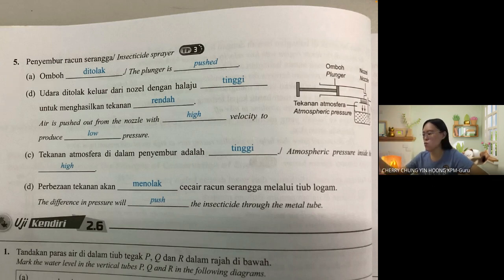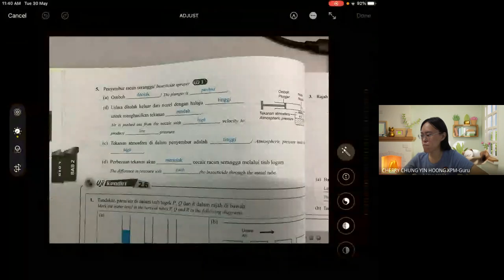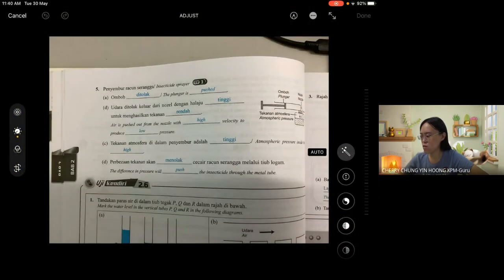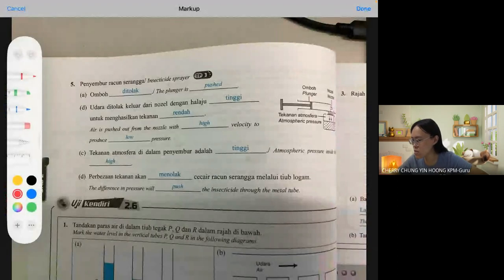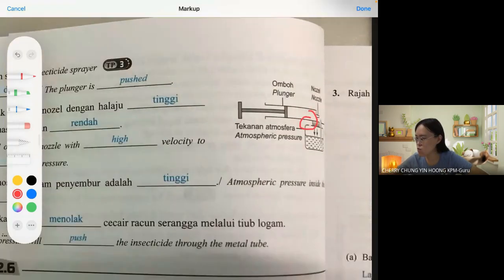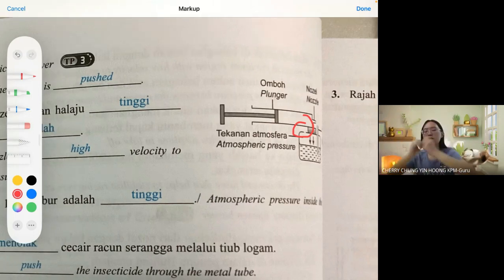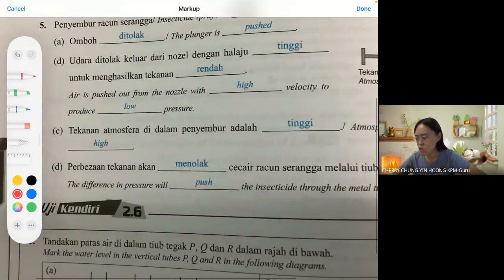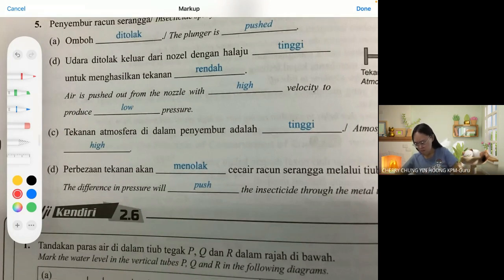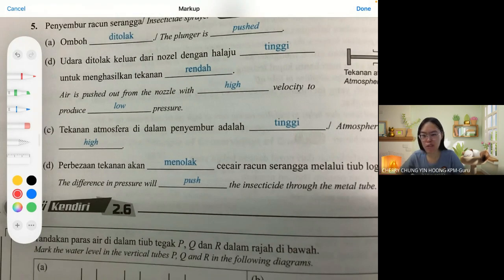还是如果你看的话，你注意的话，你会看到这边其实有一个洞。如果你看的话，这洞其实是让那个 high atmospheric pressure 进出那个洞，它 press onto the insecticide，then 把那个 insecticide push into the tube，让它可以 being spray out。So the difference in pressure will push the insecticide through the metal tube.